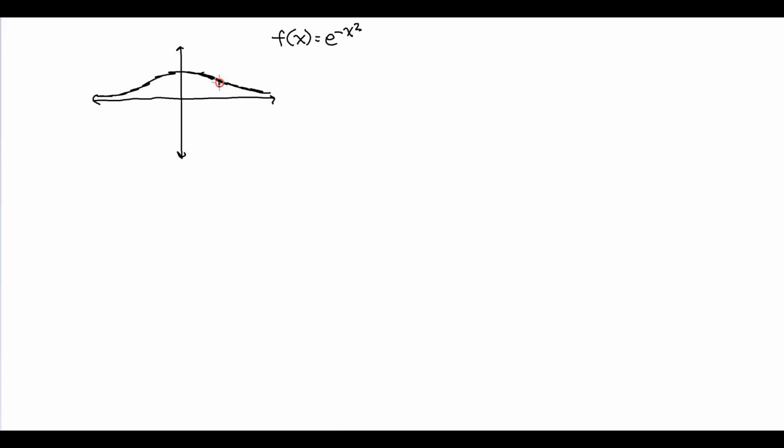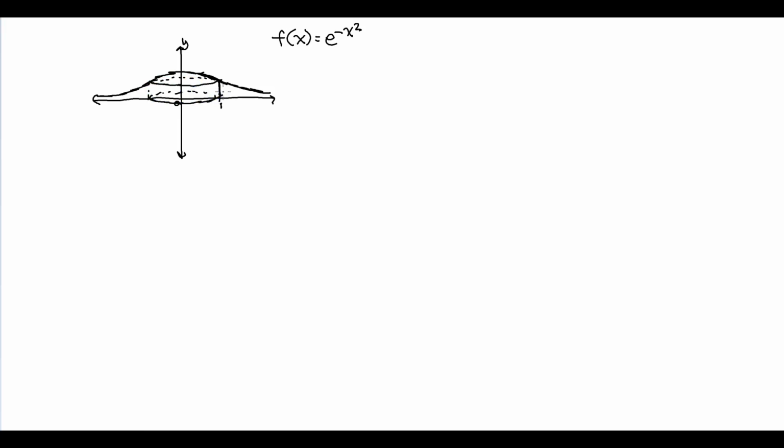And let's say the region from 0 to 1 was revolved around the y-axis. So it's revolved around the y-axis to form a solid. So what is the volume of this solid?